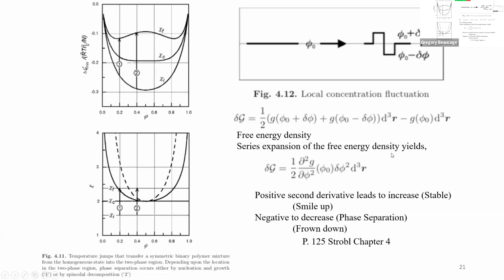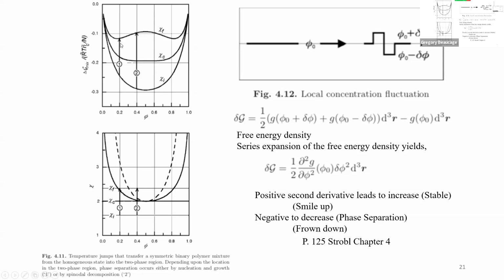So that's kind of a complicated way to write it. The basic idea is that if you have this concave up situation, any fluctuation is always going to lead to more upward trend of the free energy than the other fluctuations. You end up with a net positive increase in the free energy, so you drive back to the original.